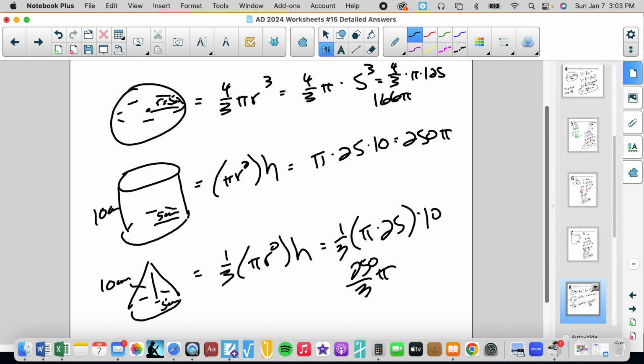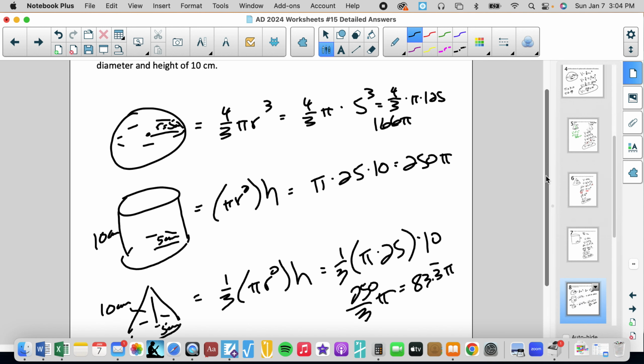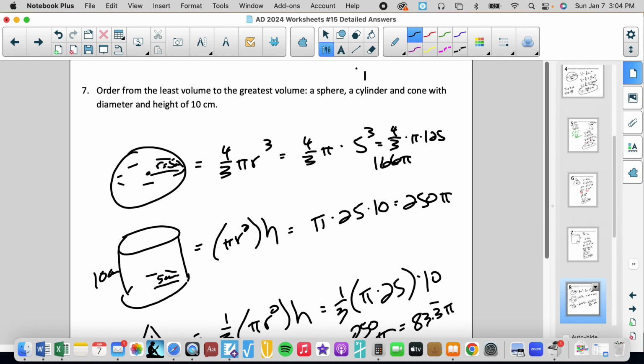So 250 divided by 3 equals approximately 83.3 repeating pi. So we're going to say the cylinder is 1, the sphere is 2, and the cone is 3.